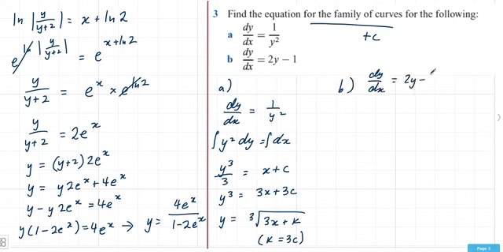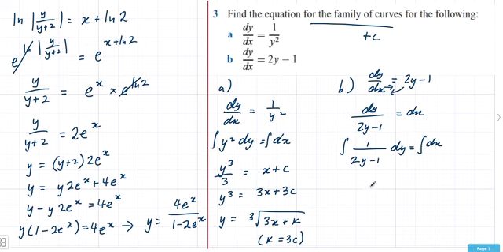writing it out, swapping over the y stuff and the x stuff up. So we're going to have dy over 2y take 1. I'm going to just rewrite that slightly so it's easy for me to put the integral signs in. This is going to be a half log of 2y minus 1.